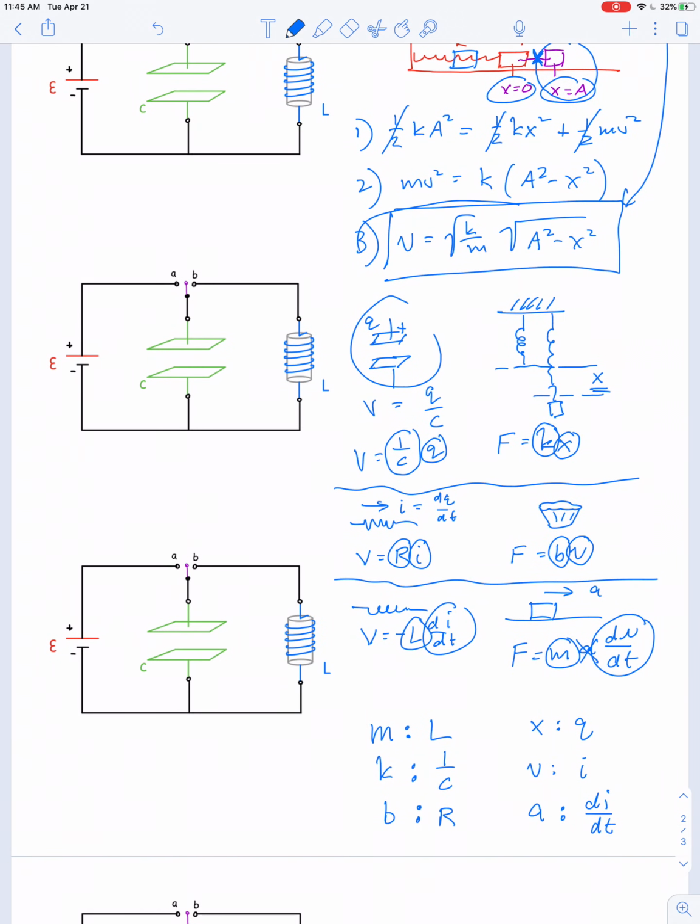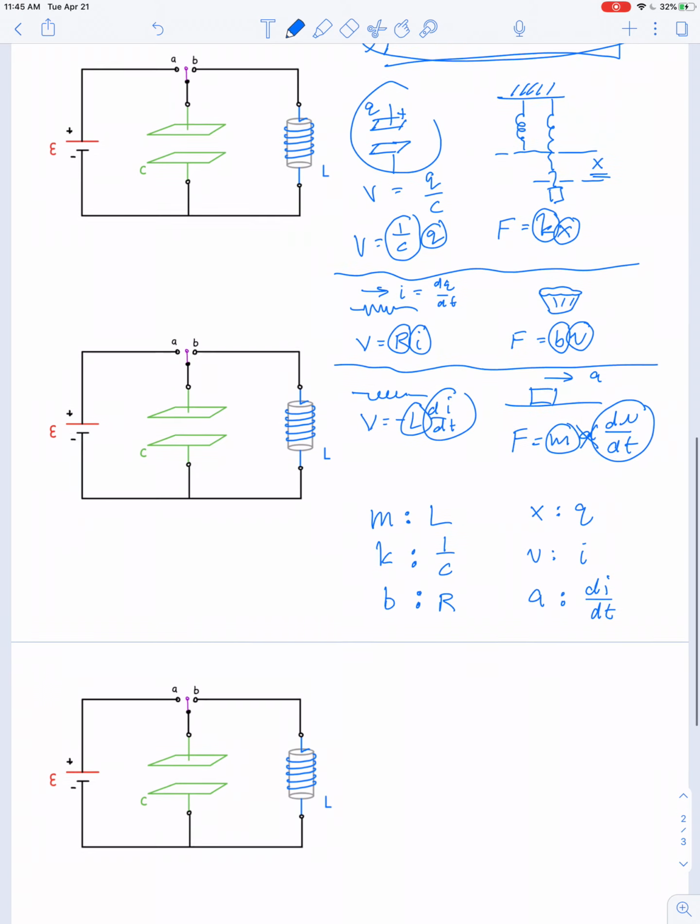So now do you see, if we take this equation for the mechanical oscillator that says velocity is equal to the square root of k over m times the square root of amplitude squared minus instantaneous position squared, and replace it with all of its analogous quantities, then analogous to velocity is current, analogous to mass is inductance, analogous to spring stiffness is the inverse of the capacitance, analogous to amplitude is maximum charge, and the analog to position is instantaneous charge.